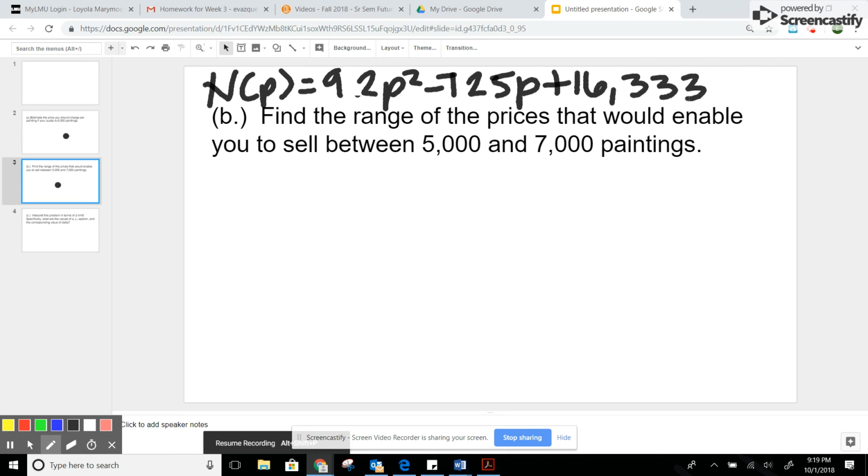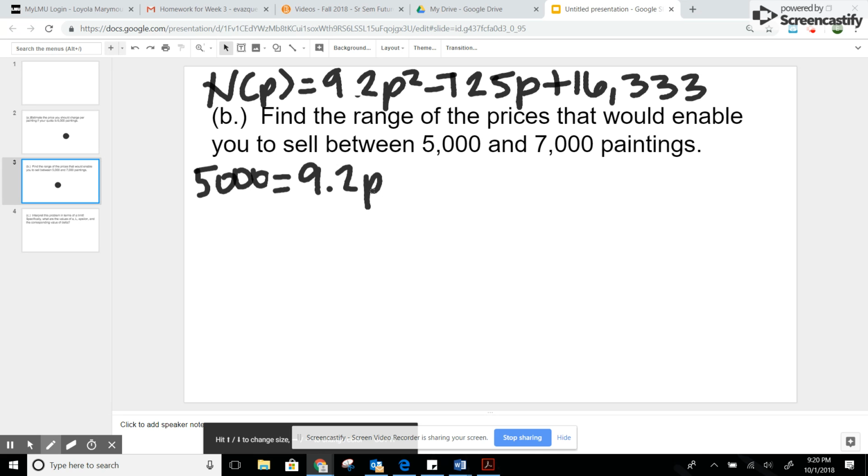Part B is asking a similar type of question, but it wants you to find the range when you need to sell between 5,000 and 7,000 paintings. So you're going to approach this problem the same way. Again, 5,000 and 7,000 are the amount of paintings. So I'm going to replace my N of P with 5,000, and then I'll solve this equation similarly to how I did the last one.